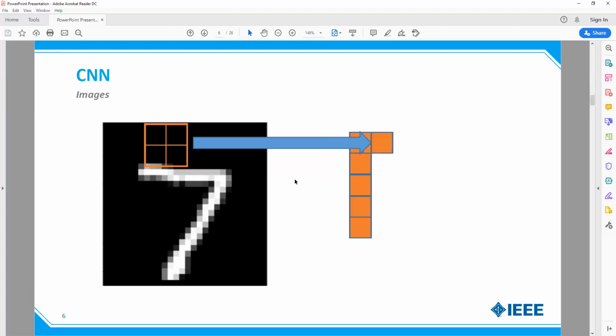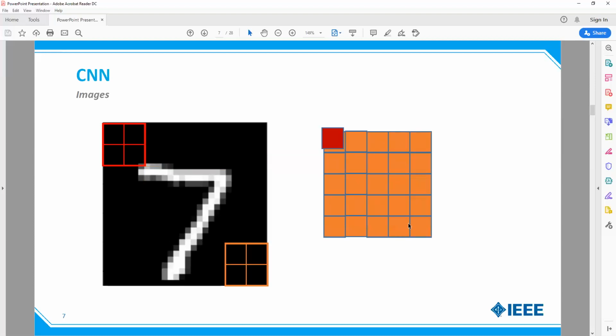In convolution for the image, it just keeps doing this until it generates a whole feature map, until it reaches the end. Now in CNN for images, you can have multiple kernels. If I were to have 2 kernels in my convolution, it's trying to learn 2 separate feature maps.